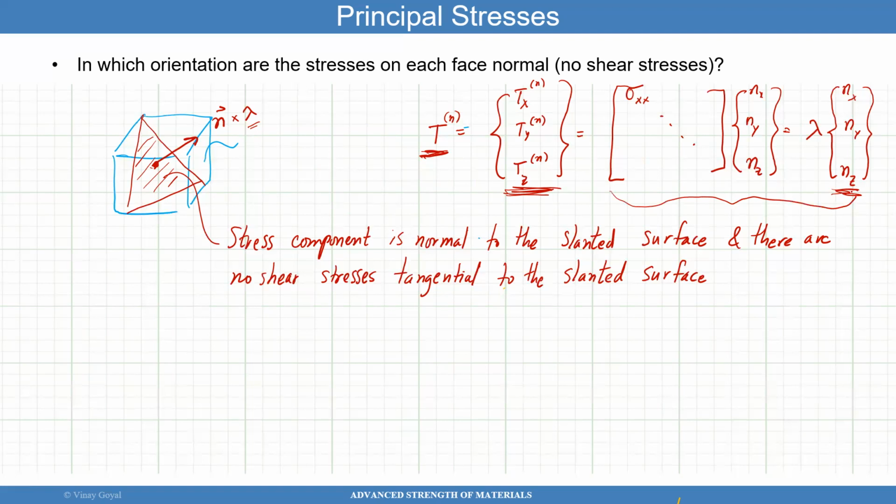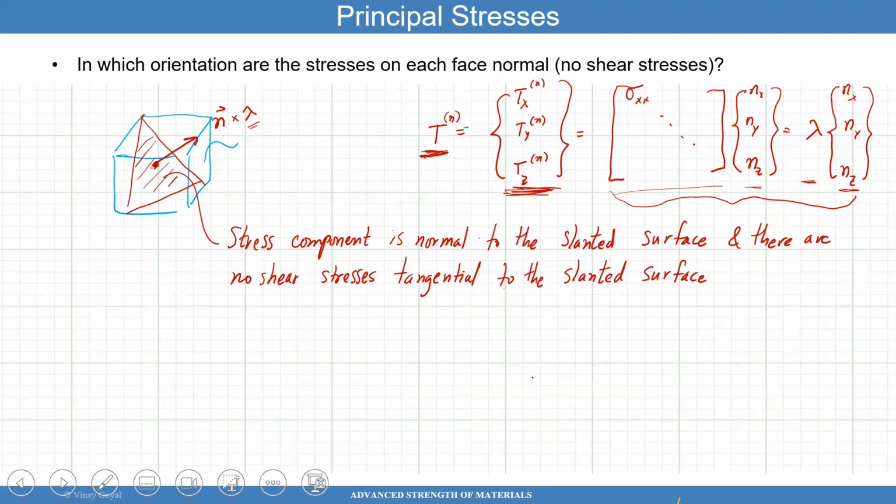That stress I'm talking about is called a principal stress. It is a slanted surface at which only normal stresses to the slanted surface are acting. There are no tangential stresses. So the stress at that particular point times the normal to the slanted surface, which I don't know yet, has to be equal to some scalar quantity, which is actually a stress, a principal stress, times the normal vector. It has to be that way.